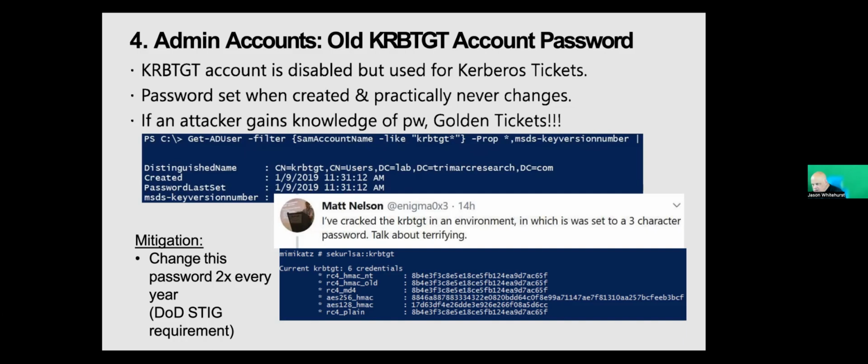So change it, leaving that account disabled, or creating a very complex password for it and then disabling it. But you want to make sure that that password is as complex as you can manage.